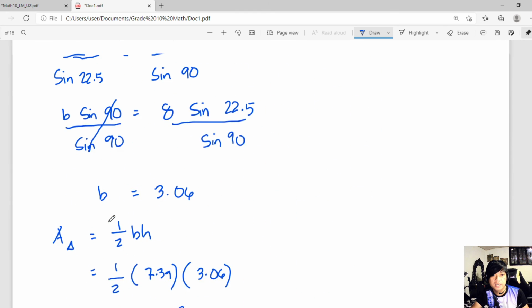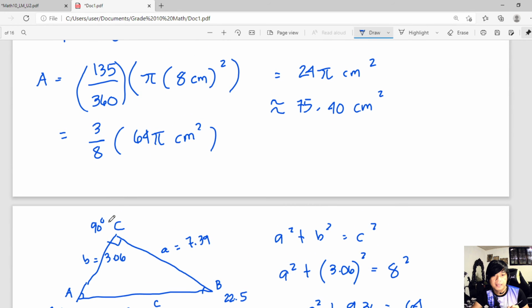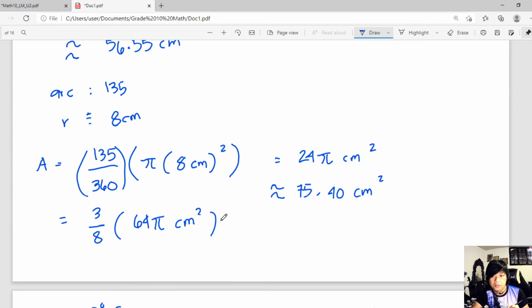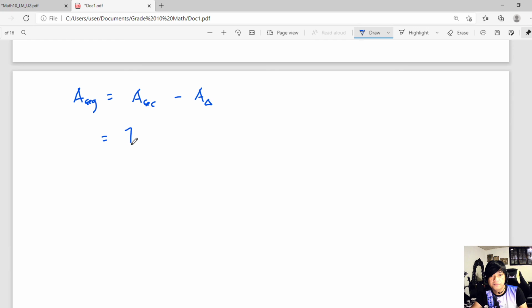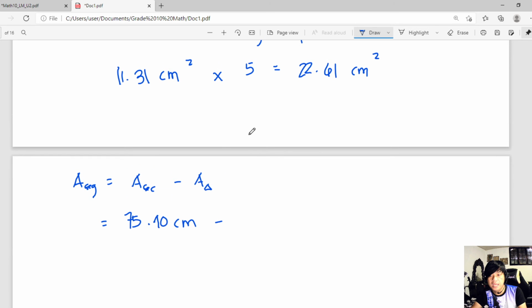The area of the sector is 75.40 centimeters squared, minus the area of our triangle, 22.61 centimeters squared. What is the measure of the segment? 75.40 minus 22.61. So the answer is 52 approximately.